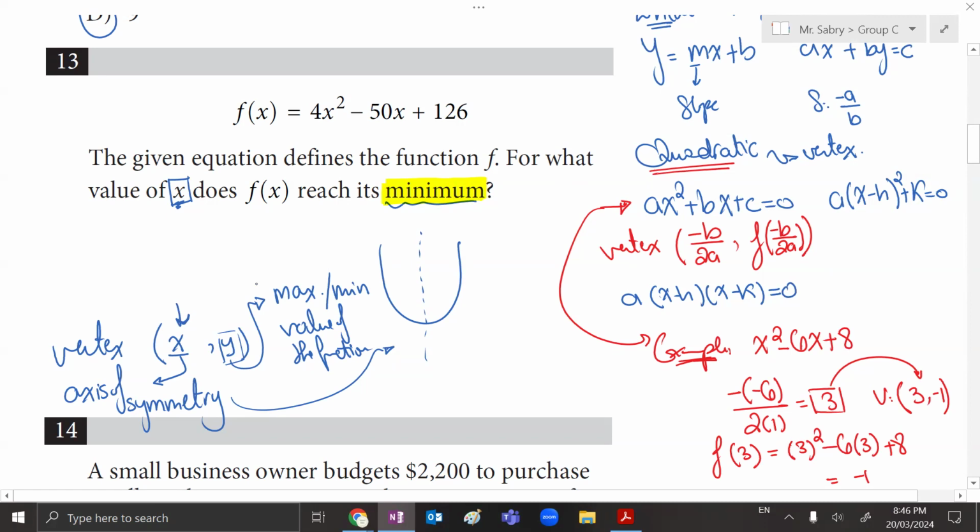They're asking you about the x of the vertex. That's all. So how can I find the x of the vertex from this form? I'll just use negative b over 2a. So it's negative b, which is negative 50, over 2a, which is 4. You'll put this as 50 over 8 on a calculator, and it should get you the answer as, I think it's 6.75, if I'm not mistaken.